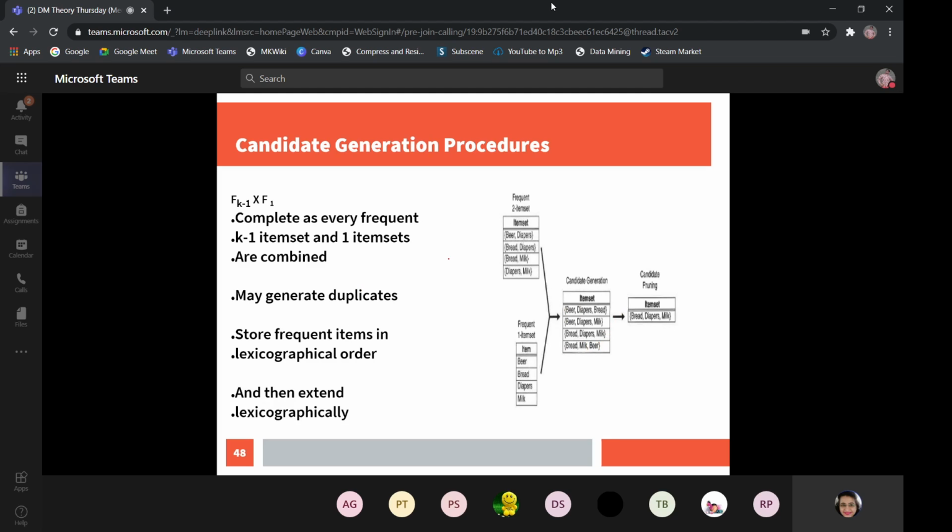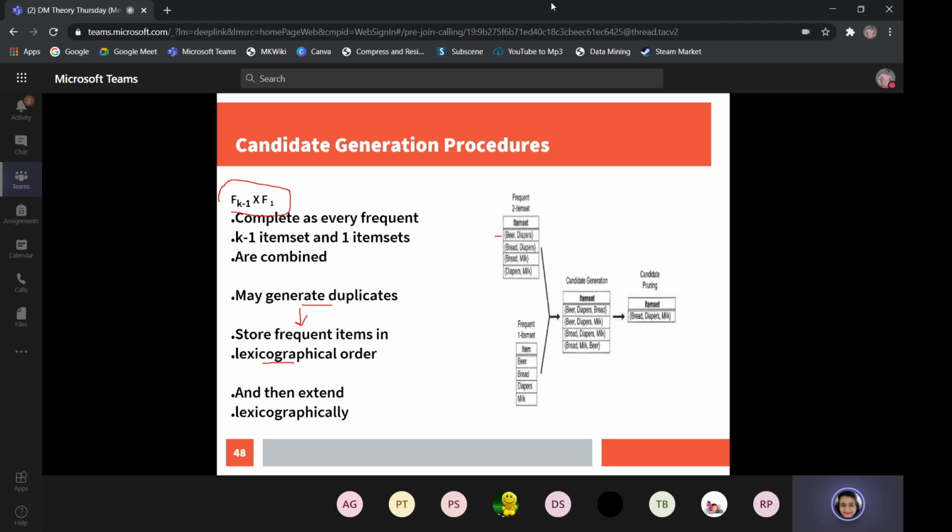The other thing to remember is that this is complete, because you are comparing a k-1 item set with a 1 item set. All the k-1 item sets are compared and combined with one item set. It can generate duplicates. To avoid generation of duplicates, you store items in lexicographical order and then extend lexicographically only.